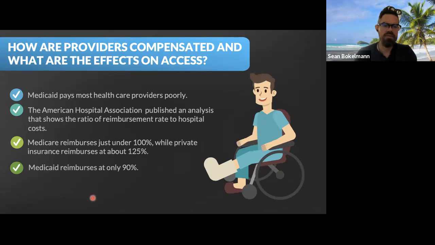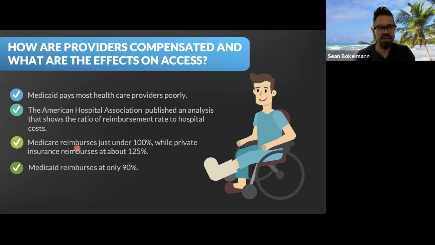So then what are the effects on access? We talked a second ago about how some of these limitations might reduce access for patients. Keep in mind that this is mainly for poor people, people in poverty. The American Hospital Association looked at the ratio of reimbursement to hospital costs. They looked at Medicare, private insurance, and Medicaid.